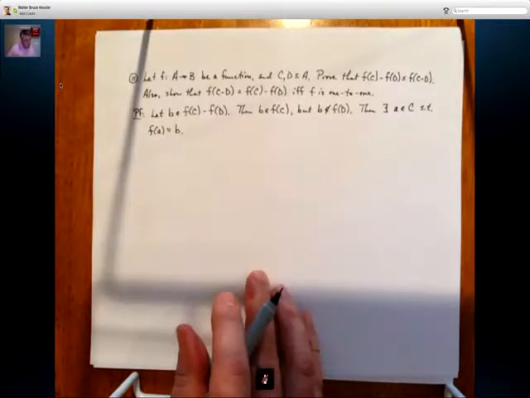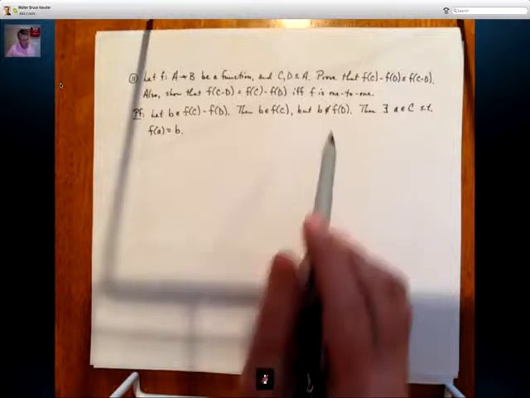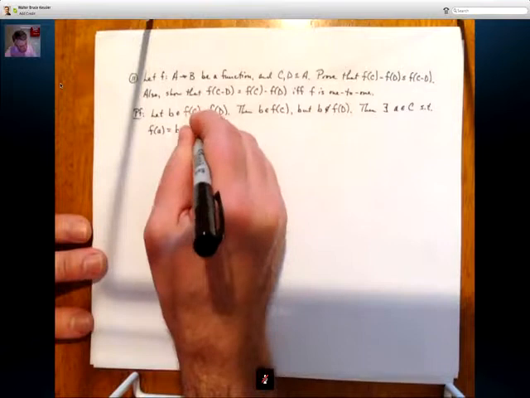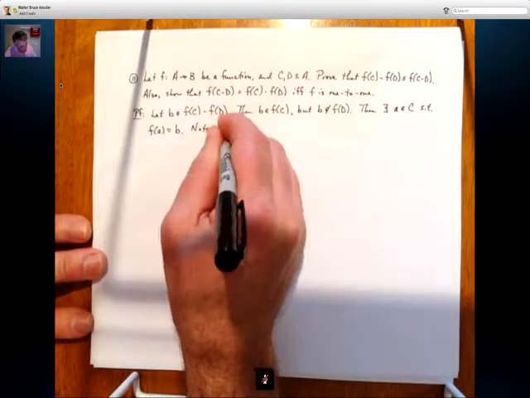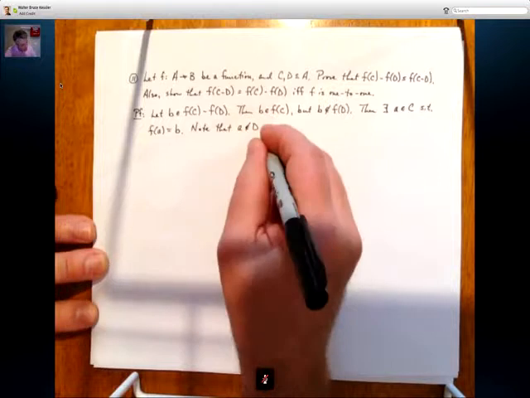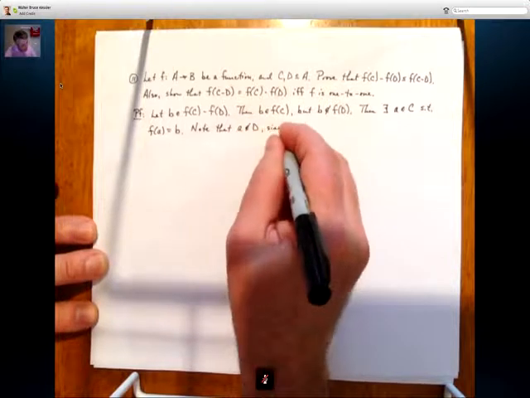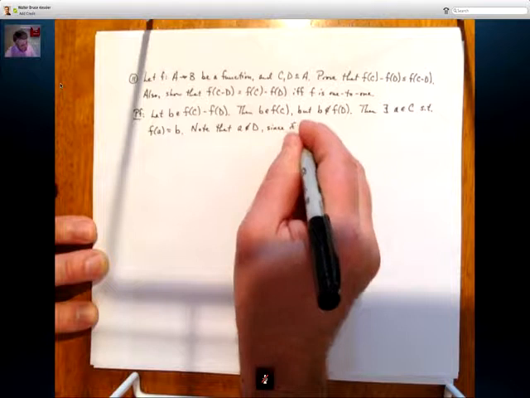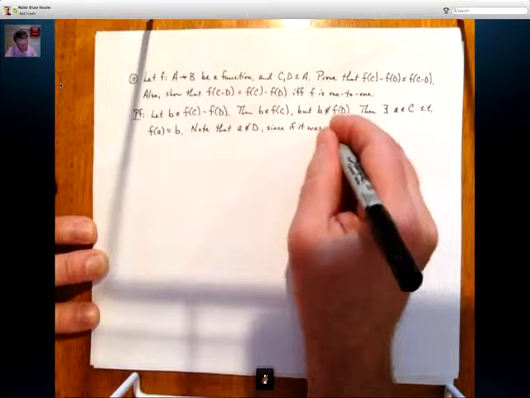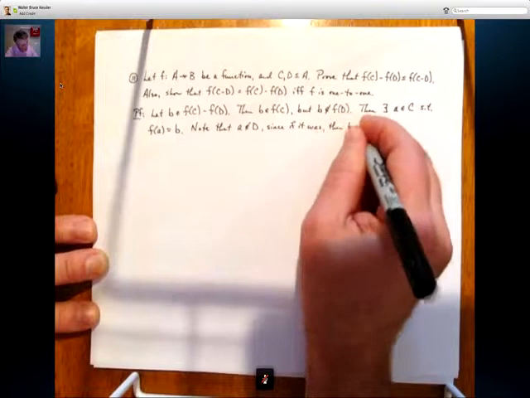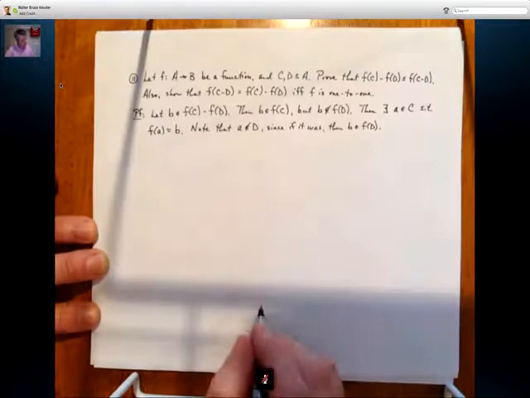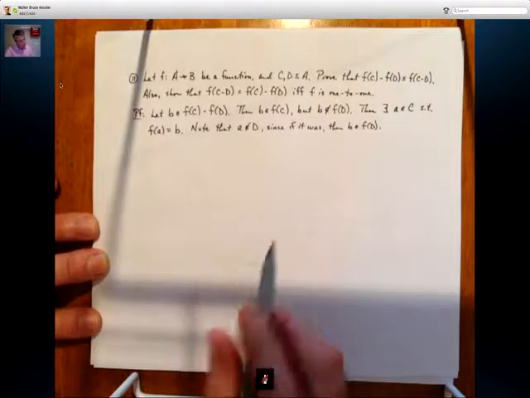Okay? This A cannot be in D, though. So I'll just note that: A not in D, since if it was, then B would also be in f of D. Okay, and that would give us a contradiction.